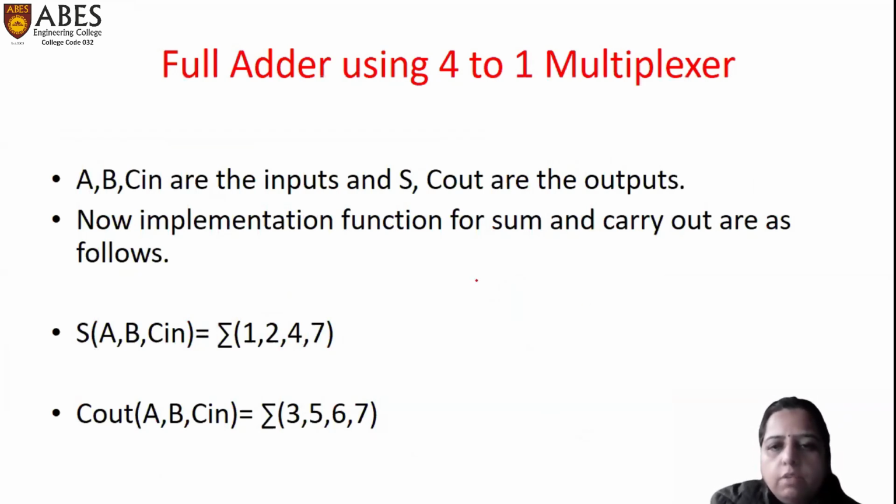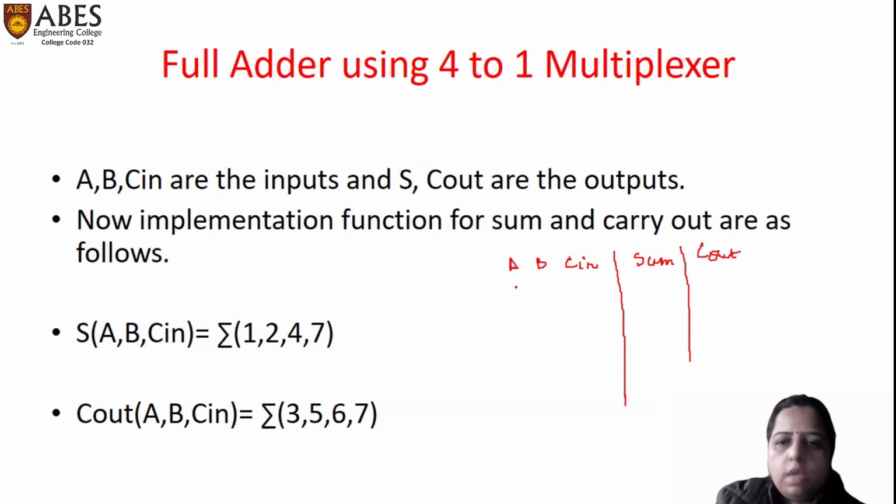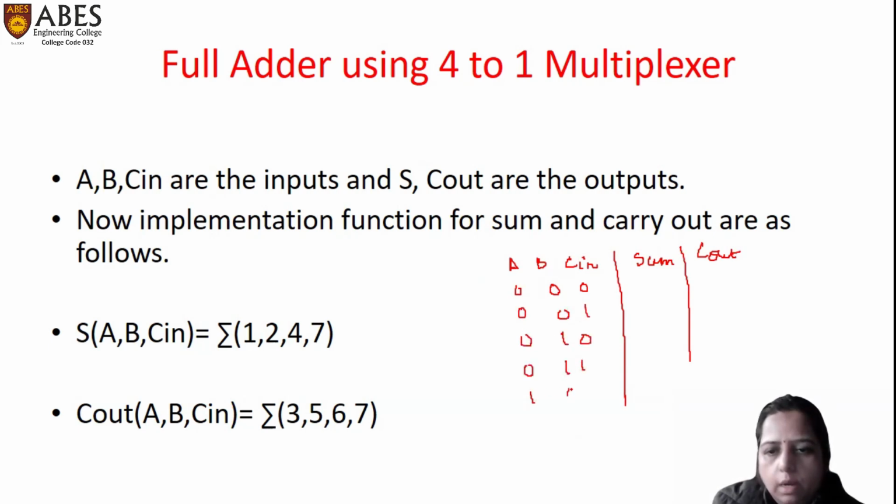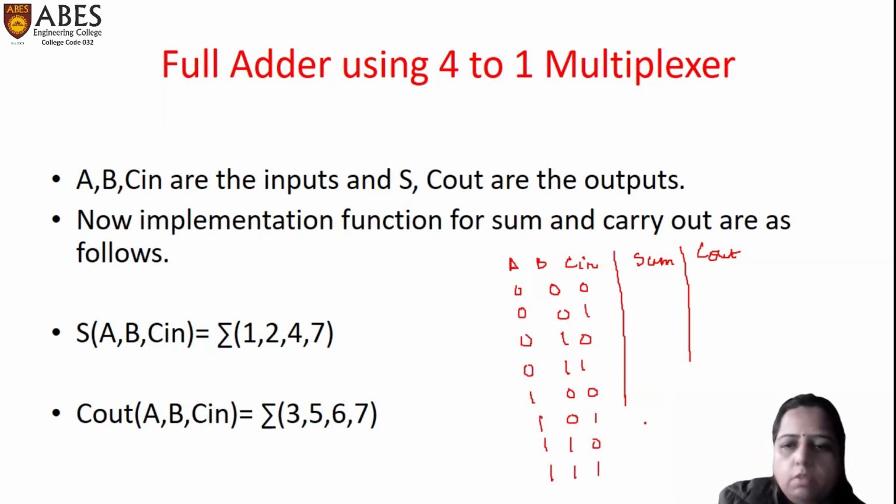Full adder is a circuit which can add 3 bits, A, B and C in, which is called the carry in, and the outputs are sum S and carry out C out. 8 combinations are possible: 0,0,0, 0,0,1, 0,1,0, 0,1,1, 1,0,0, 1,0,1, 1,1,0 and 1,1,1.